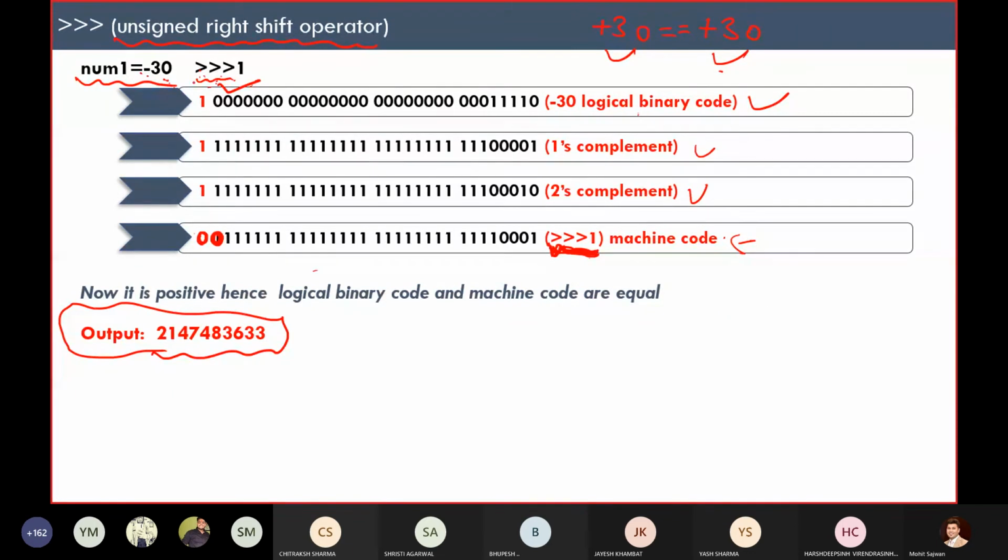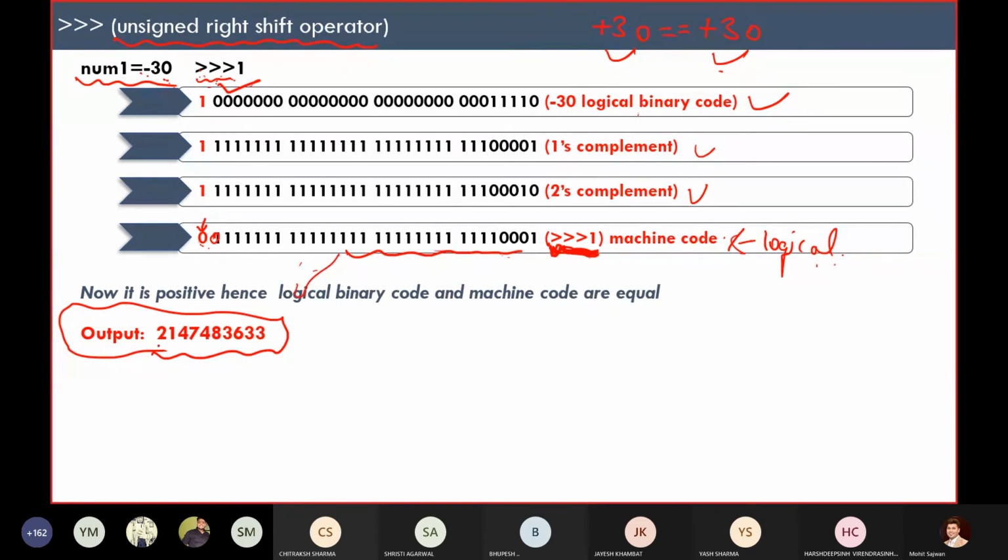The reason is that we are flipping the bit: we are making the MSB bit 0. Once the MSB becomes 0, the number becomes positive, and for a positive number the machine code and the logical code are both the same.